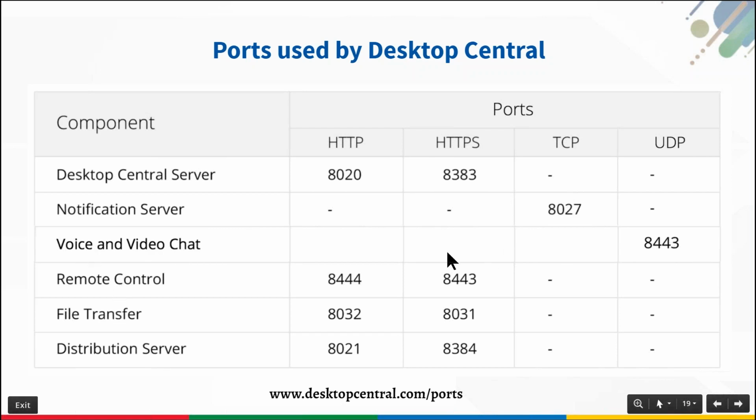For remote control, file transfer, and distribution server, we have displayed these port numbers, and these are used for HTTP and HTTPS respectively. You need to make sure that the ports are properly configured for Desktop Central to work properly. If you want a more detailed view on the ports that are used by Desktop Central, you can visit the link provided at the bottom of the screen, and you will be able to see all the technical details.